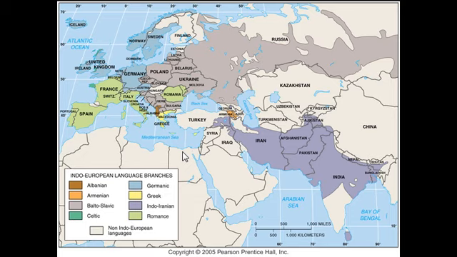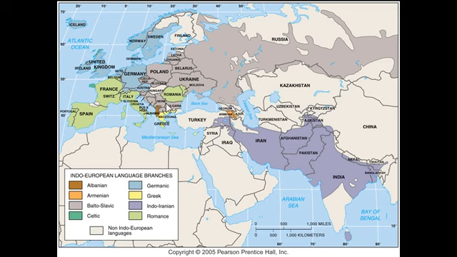So let's start out then by looking at that footprint of the Indo-European languages once again. Remember that all of the languages that fall into the Indo-European language family are related to one another. They all descend from one single mother tongue that was spoken a long time ago in the distant human past.